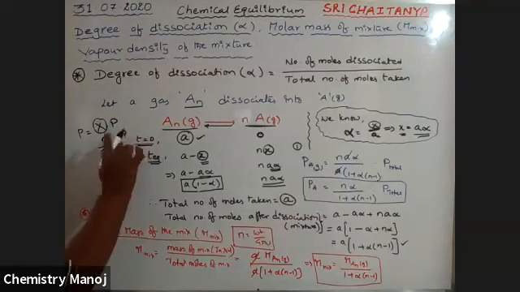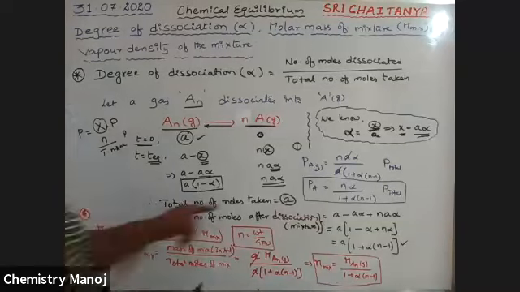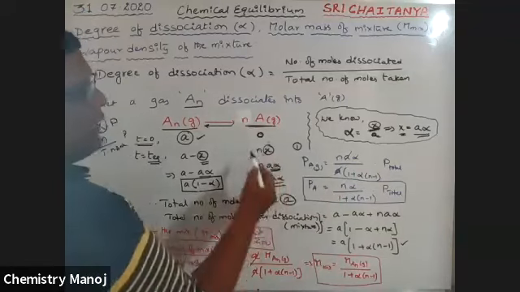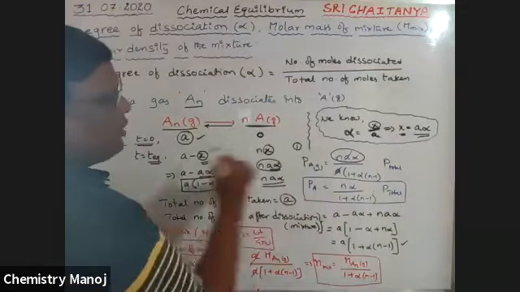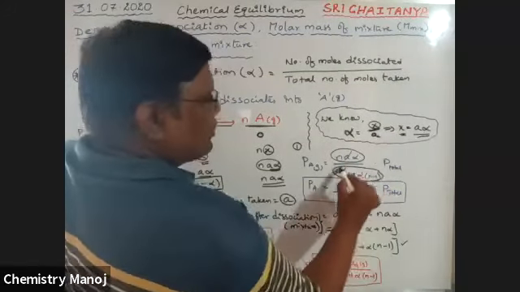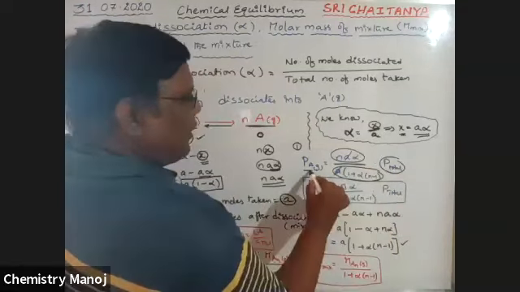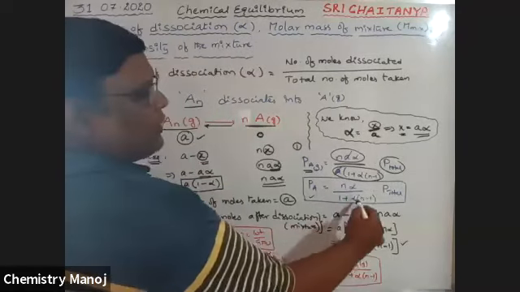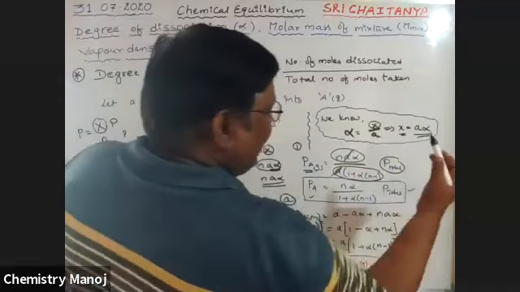So the partial pressure of A is equal to the number of moles of A, that is a into 1 minus alpha, by the total number of moles, into P total. Therefore the partial pressure is 1 minus alpha by 1 plus alpha into n minus 1, after cancelling the a value. This is the partial pressure calculation.